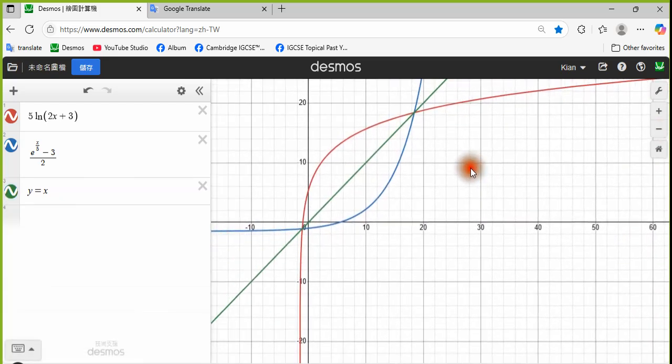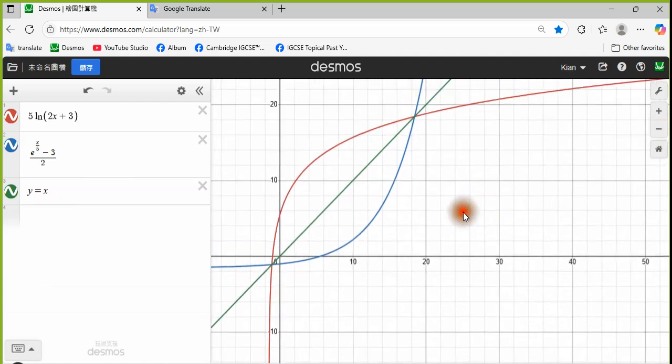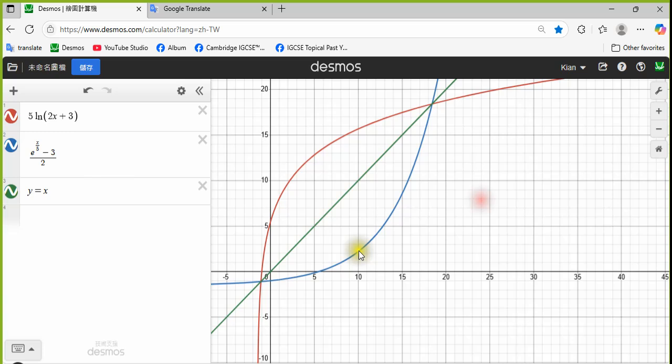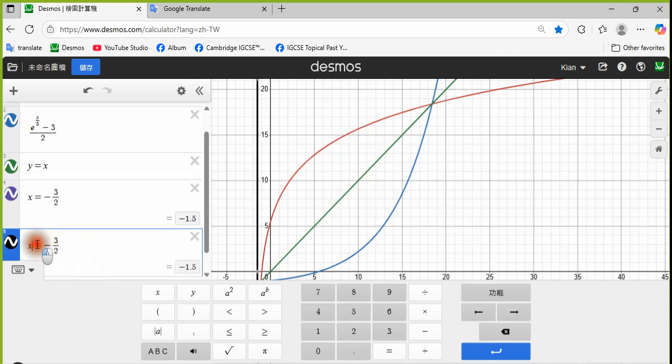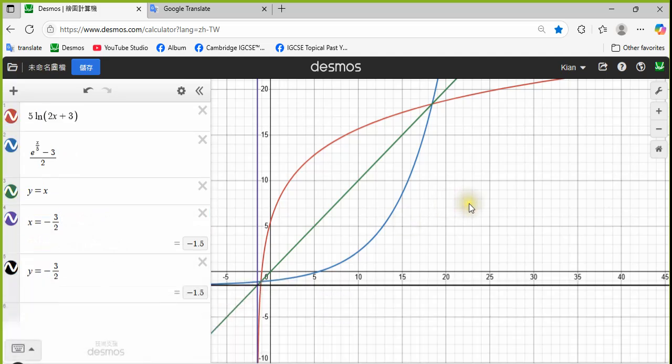For this one, we have x = negative 3/2, and y = negative 3/2 is the asymptote.